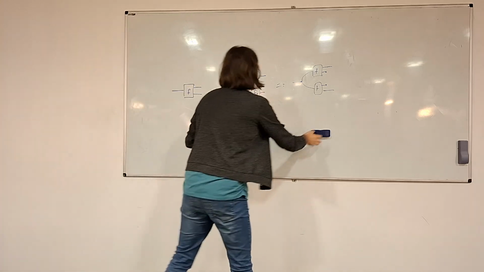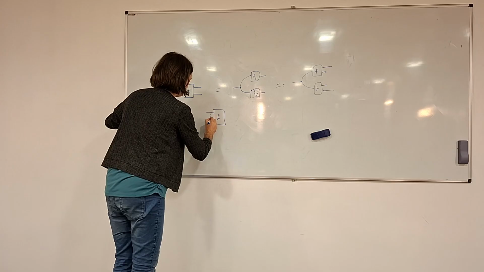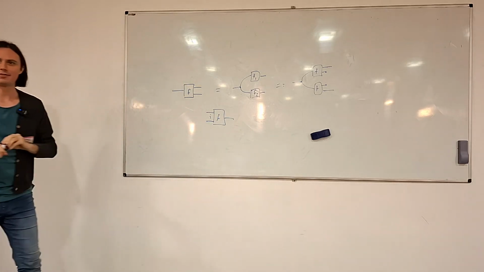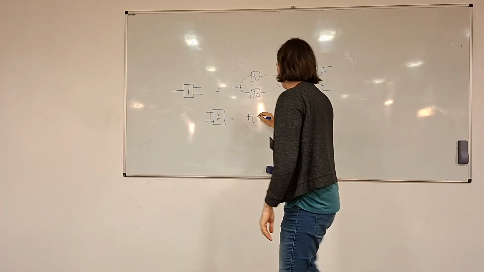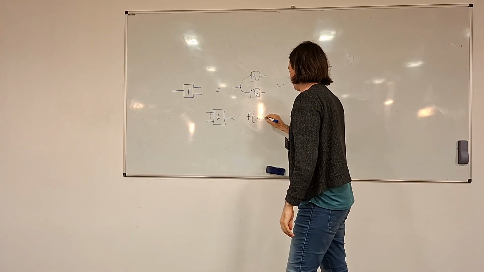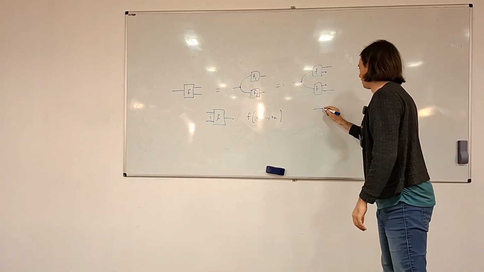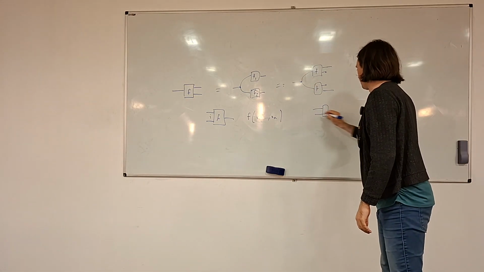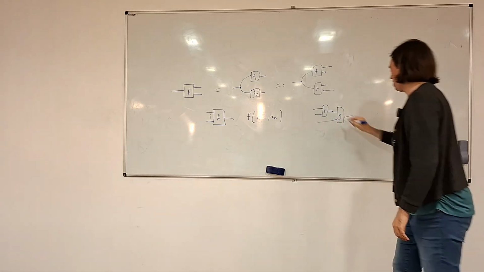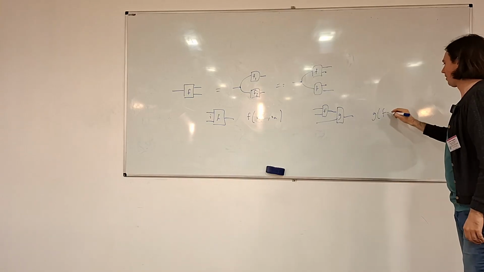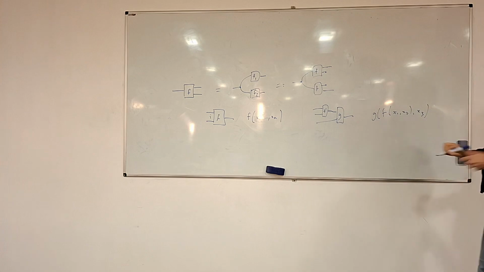So as long as you only have single output things, this thing behaves like a term, right? It can say f of... and I can write g of f of x1, x2, x3, like that.